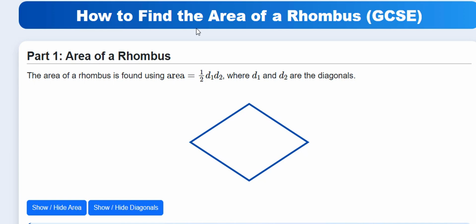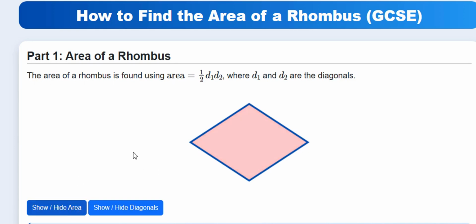And when we talk about area, in the previous lessons we said area is the region enclosed by the given shape. And in this case, our shape is a rhombus. So the area of a rhombus is the region enclosed by the sides of that rhombus, this one here.